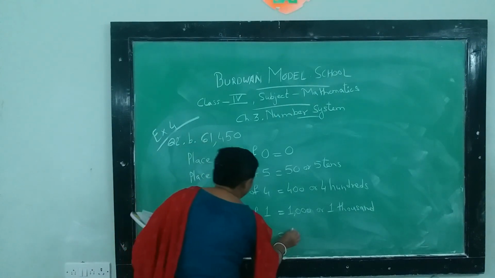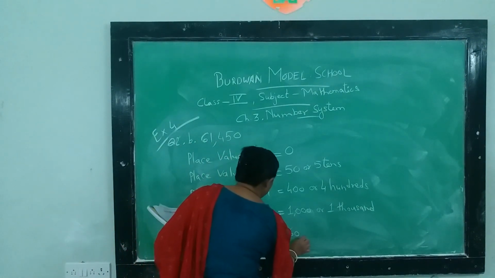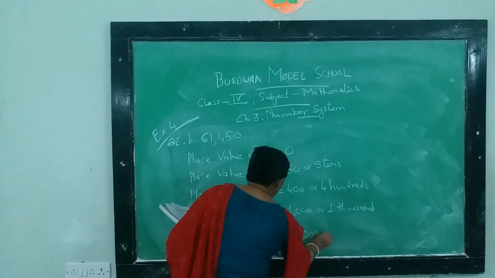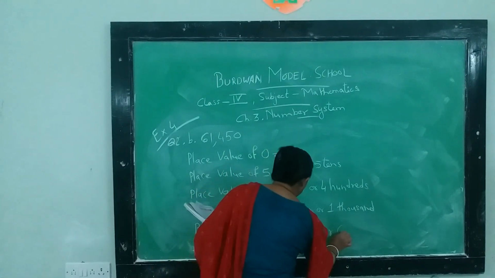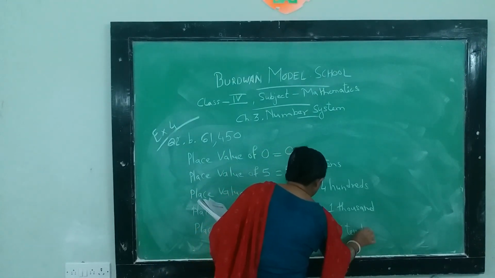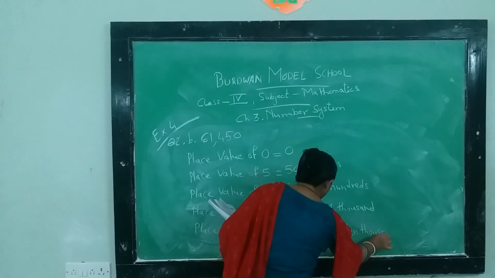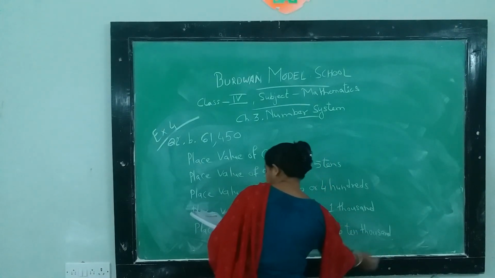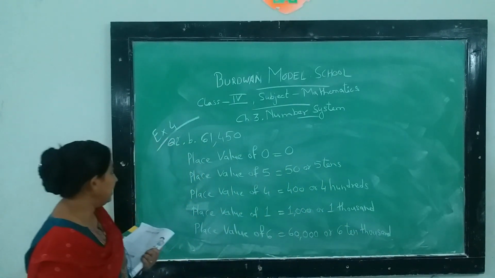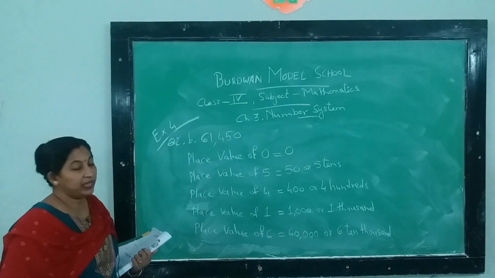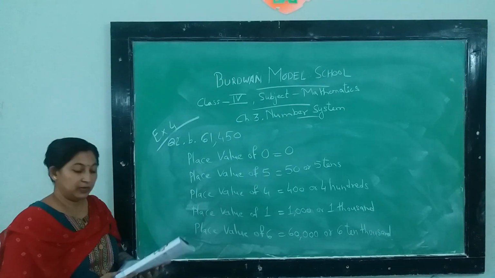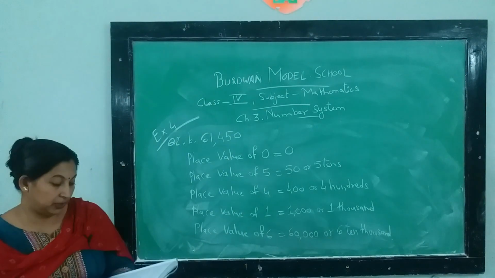It is 60,000. Okay, so this way you will write each and every place value digit. Clear? So the rest you try at home.